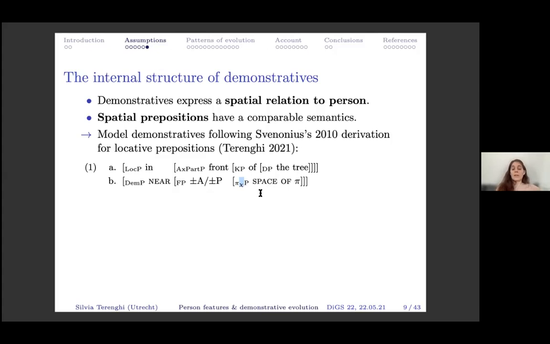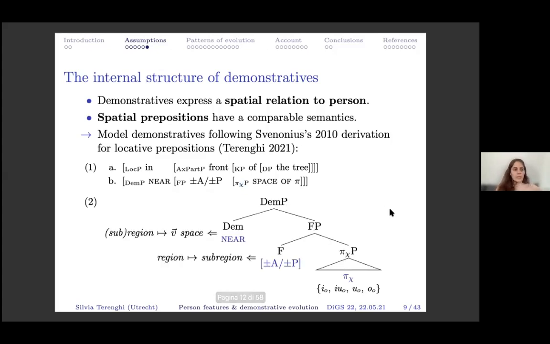This represents the location relative to pi, I take. So it's a slightly different ontology for demonstratives. So we don't take a collection of individuals like in person systems, like in pronominal systems, but we take a collection of locations.